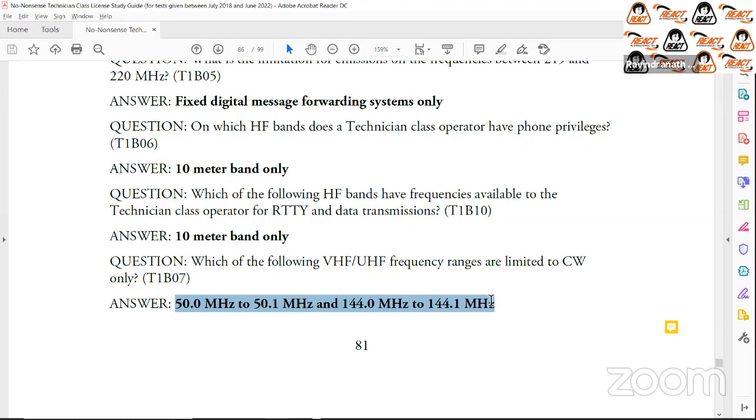These are the only frequencies that you're allowed to do CW only on in this part of the band: 50.0 megahertz to 50.1 megahertz, and 144.0 megahertz to 144.1 megahertz. Those frequency ranges are where you can do only CW in that part of the band.